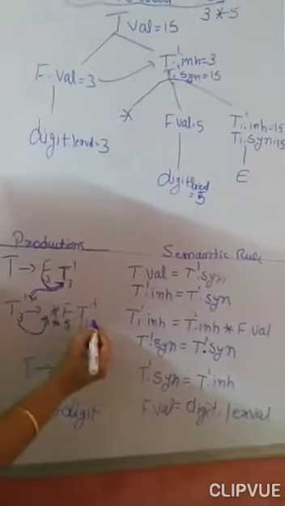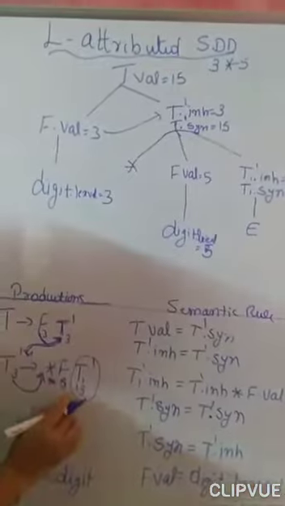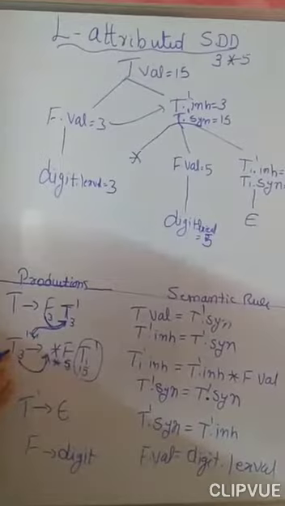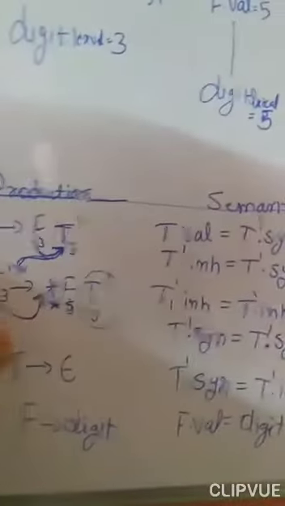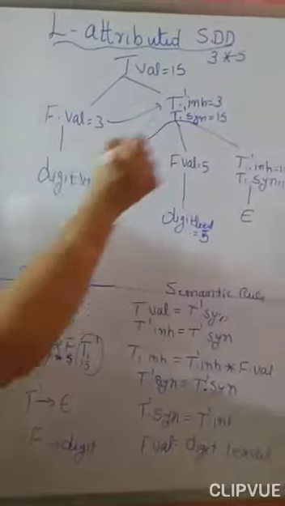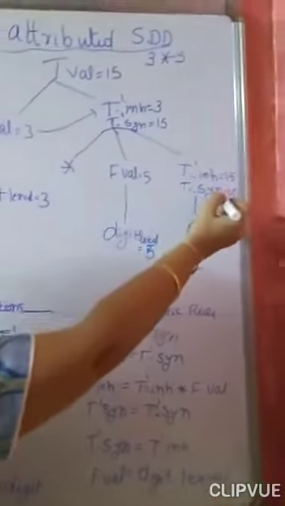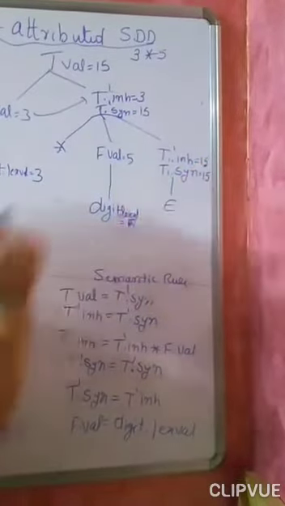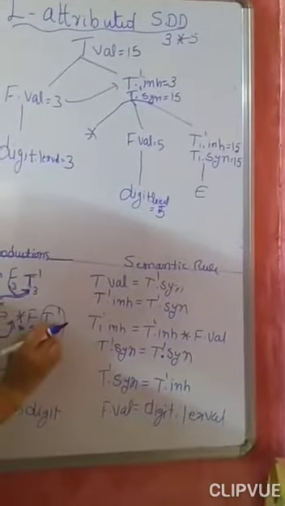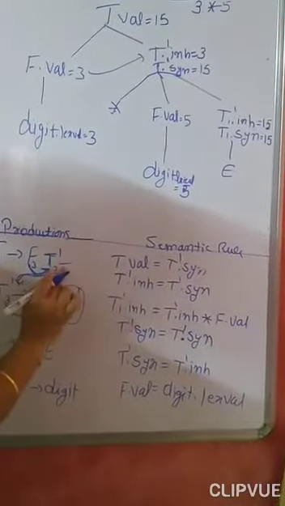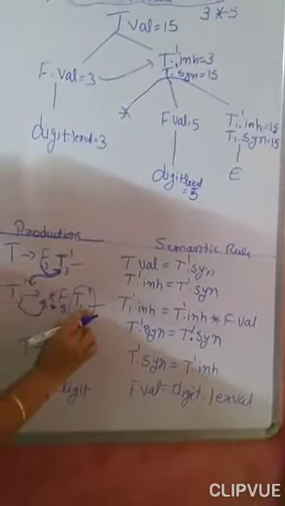So what is the inherited value associated with this one? It is the inherited value of this star 5. Correct or not? That is how we get the 15 over here. I get 15, so that is the inherited value associated with this.